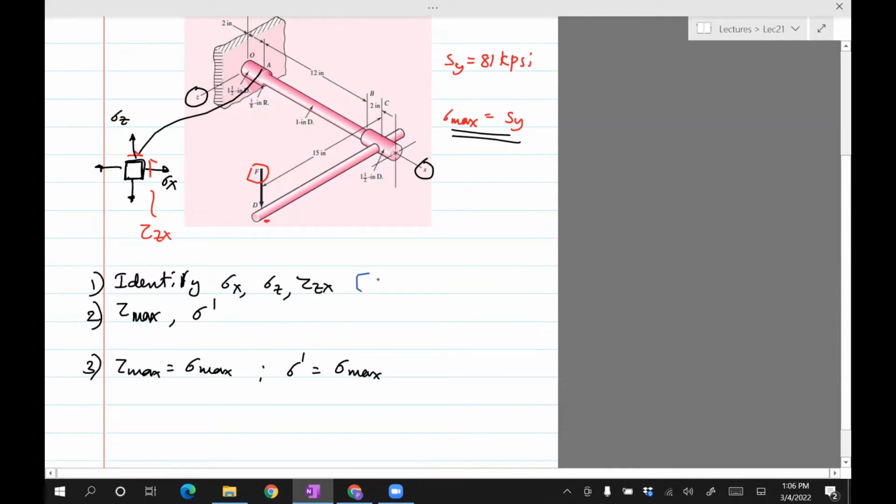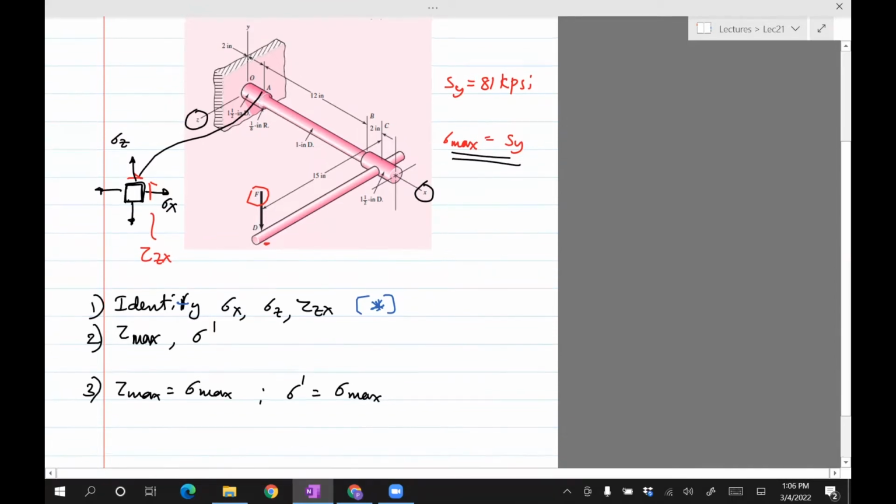This is the one which people normally struggle with. How do you compute sigma x, sigma z, and tau zx? So I'm going to try my best to explain how you do that. And then once you do that, the rest of the stuff, 2 and 3, is pretty much plug and chug. The formulas are given, you can just apply the formulas. So let's try to compute these stresses.